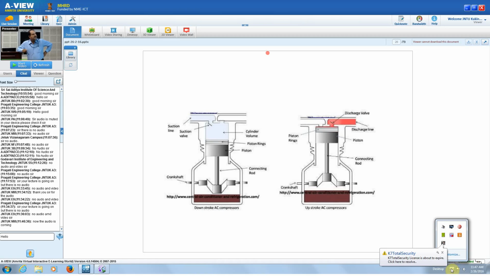The piston is the same as in an IC engine, and this is the cylinder volume, totally like our IC engine cylinder volume. So during the next stroke, that is the compressing stroke, this valve is closed and this valve is open. Then through this the high temperature, high pressure gas is sent into the condenser. Next.